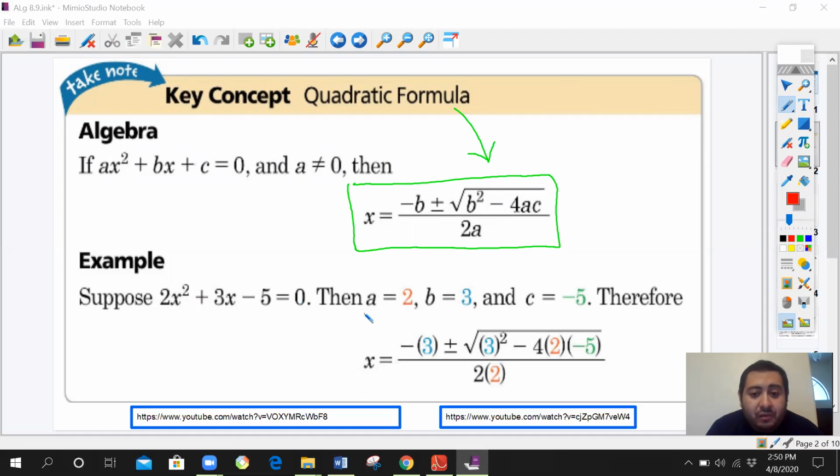Your a is 2, your b is 3, and your c is negative 5. All you need to do is substitute those values into the corresponding locations of those letters in the formula, and then calculate. You could have either two solutions or one solution, okay?